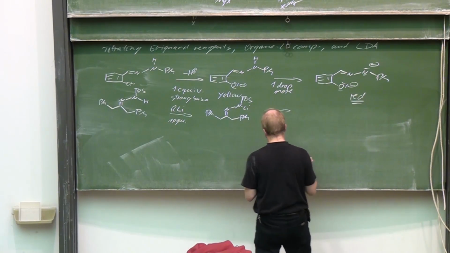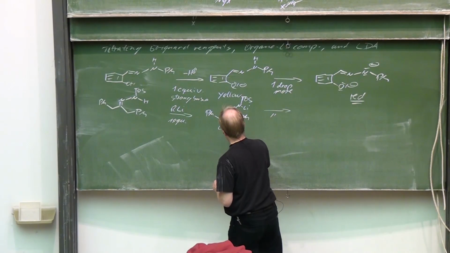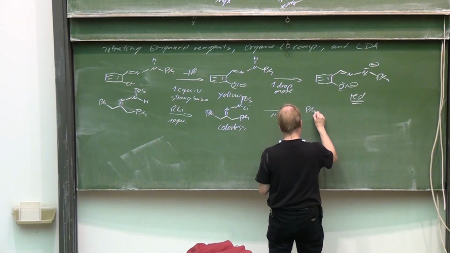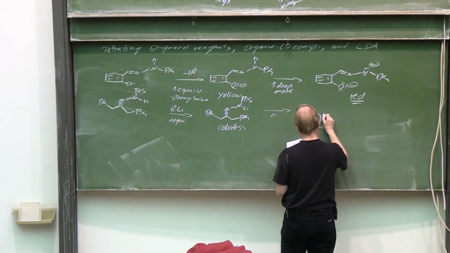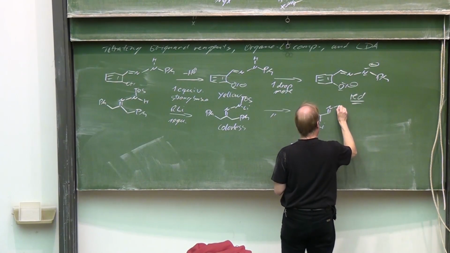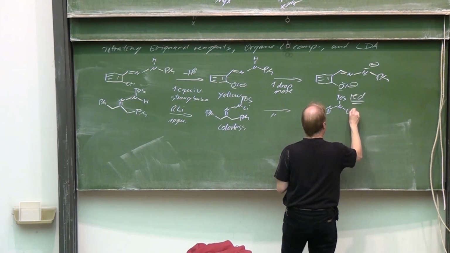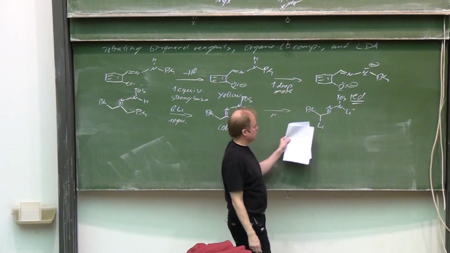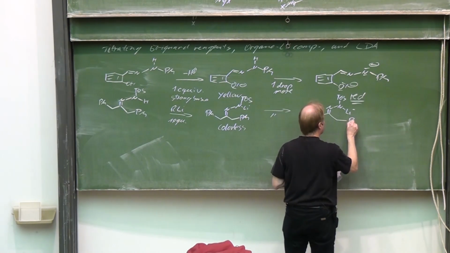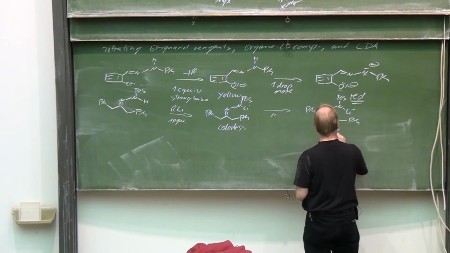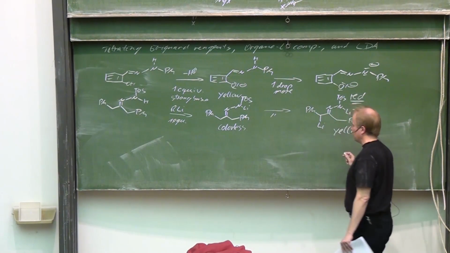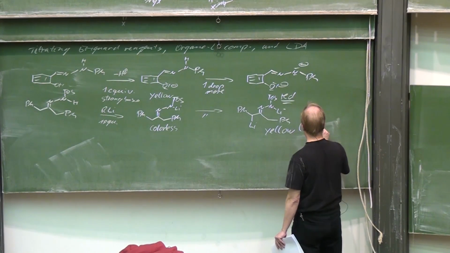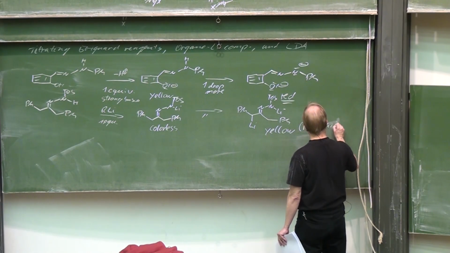And again, one drop more. Then from the colorless monoanion, we get to the dianion, here as the lithium compound, which is yellow at low concentration, red at higher concentrations.